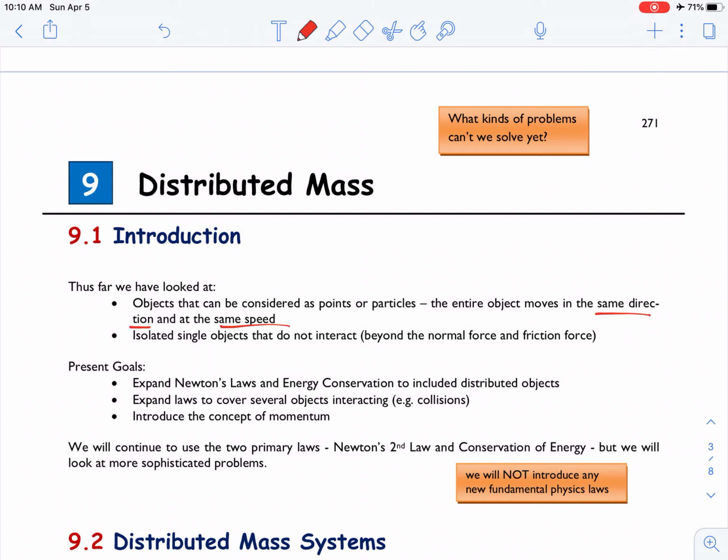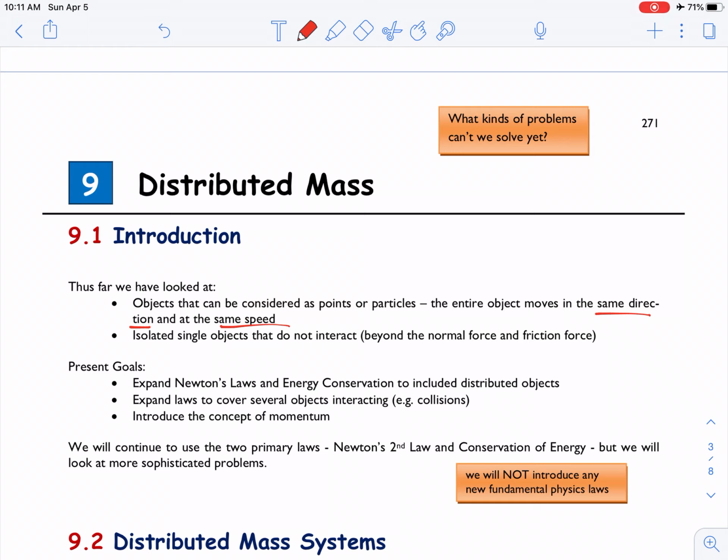If any point on the object has the same direction and same speed, then you can say that that object can be assumed as a particle or a point. And we also looked at isolated single objects that do not really interact. So we have normal force and friction force, but there's not much other interaction.